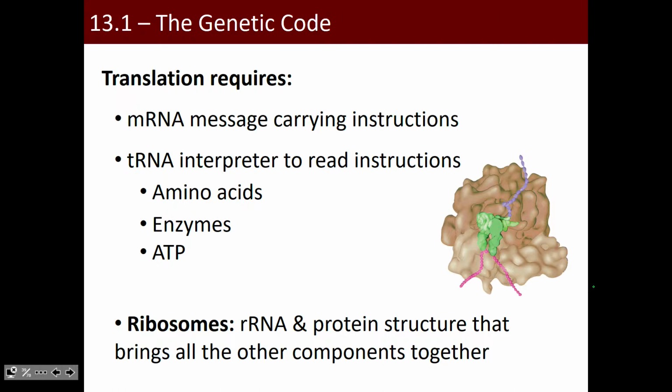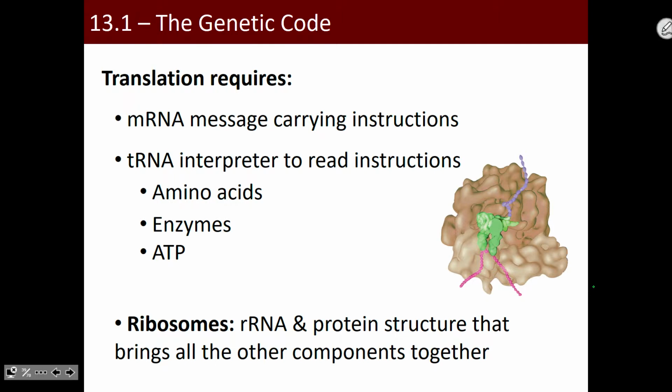Ribosomes are made up of ribosomal RNA and protein complexed together into 2 3-dimensional structures. And those ribosome pieces come together and clamp together and hold everything in place and serve as the workbench, the desk where this happens, the place where we bring all this stuff together is at the ribosome.